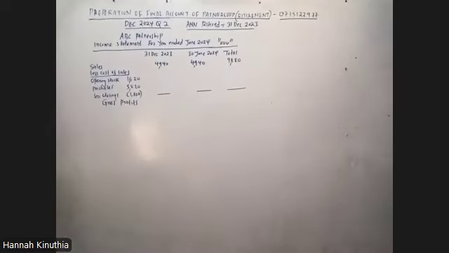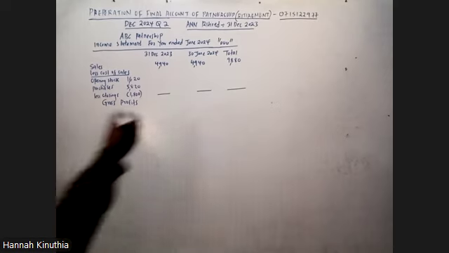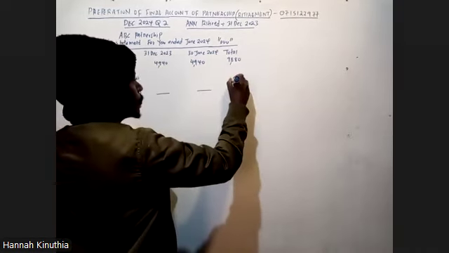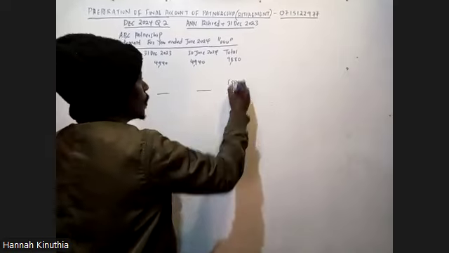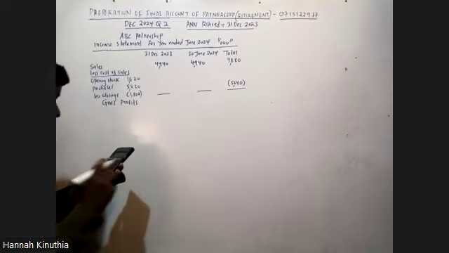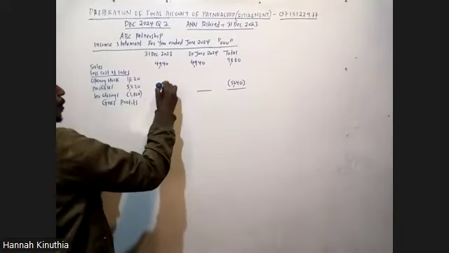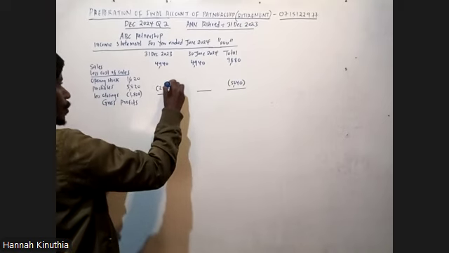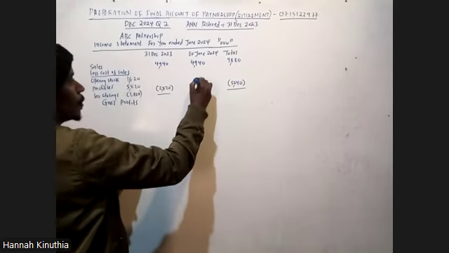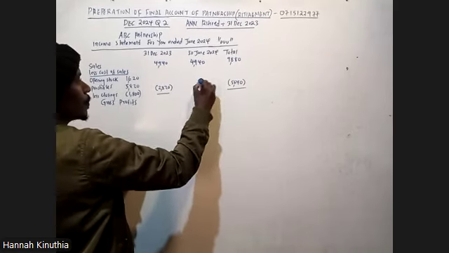So let's get the cost of goods sold. So it is 1620 plus 5820 minus 1800. So total is 5640. Now we divide by 2 for each period, so 2820.